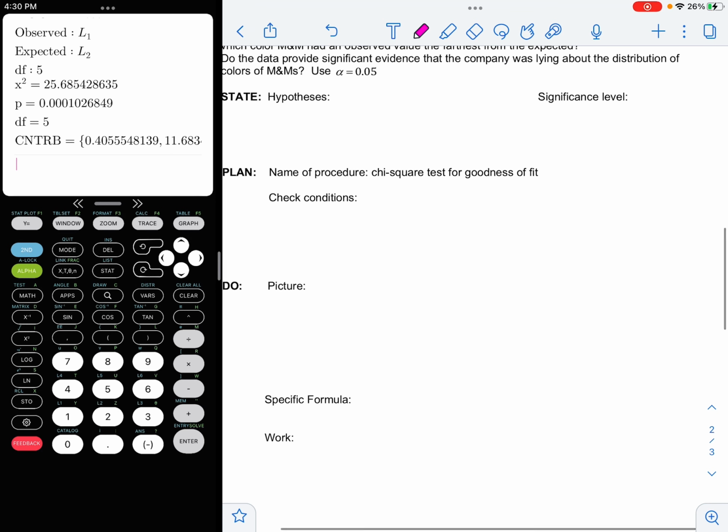So we've got our hypotheses, the null hypothesis being that the claimed distribution of M&M color is true. And then the alternative, of course, is that that claimed distribution is not true.